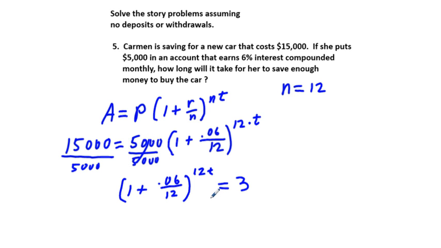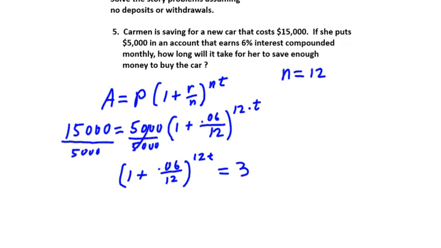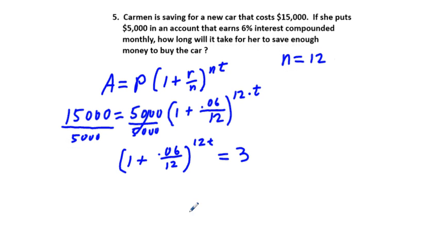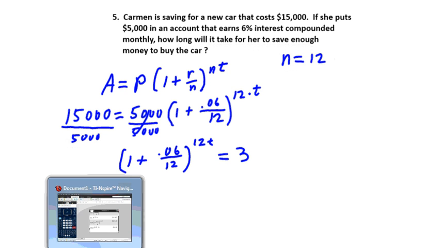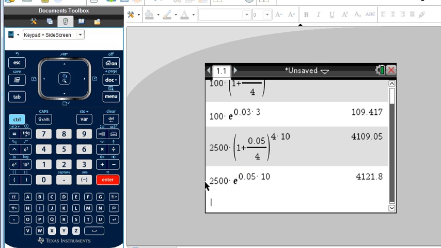And basically, what we can do with this is we would have this 1 plus 0.06 over 12 as a base of an exponent. So we could find out what that is and set that as a base. I've kind of gone down the path already, so I'm going to go ahead and do it.